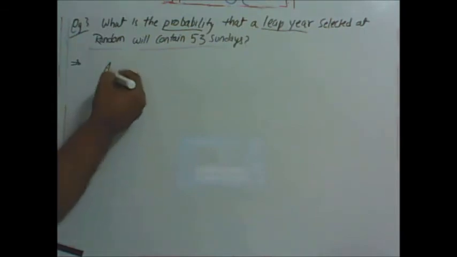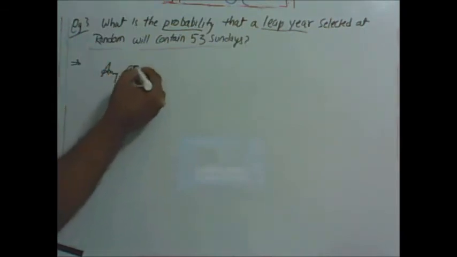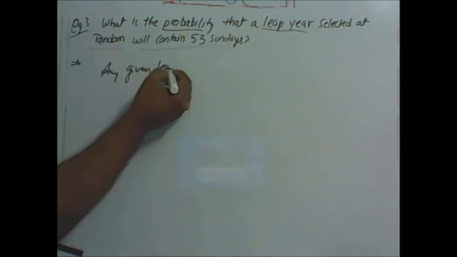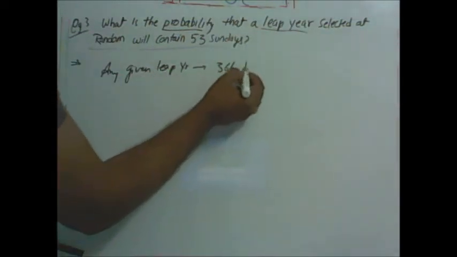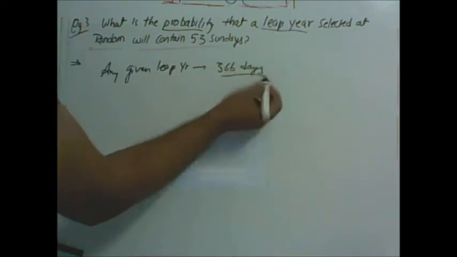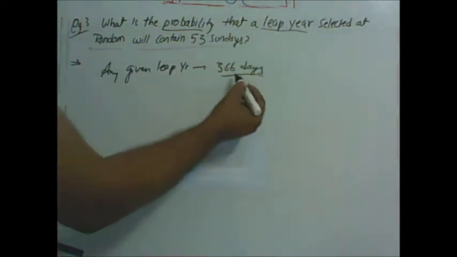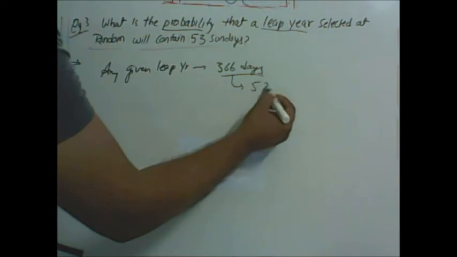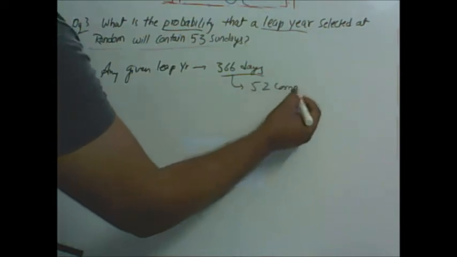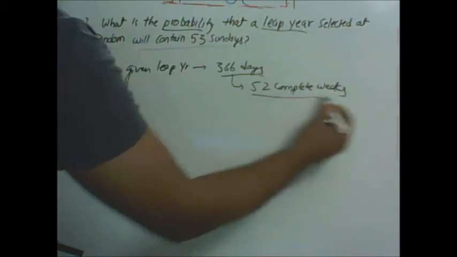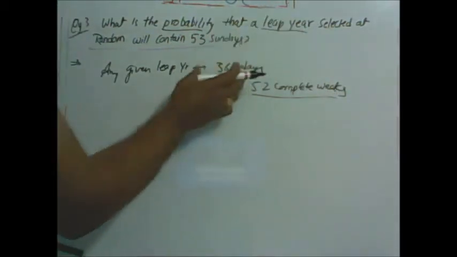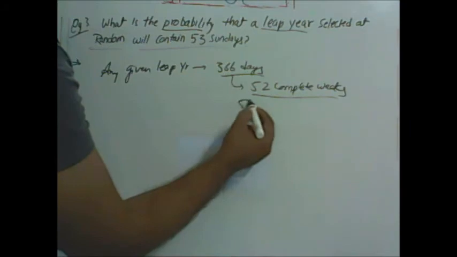In any given leap year, there are 366 days. Out of this, we have 52 complete weeks, so 52 Sundays are confirmed.